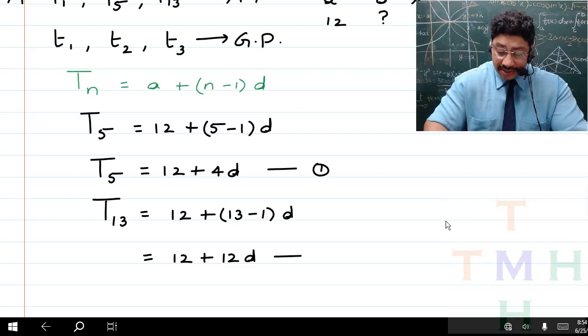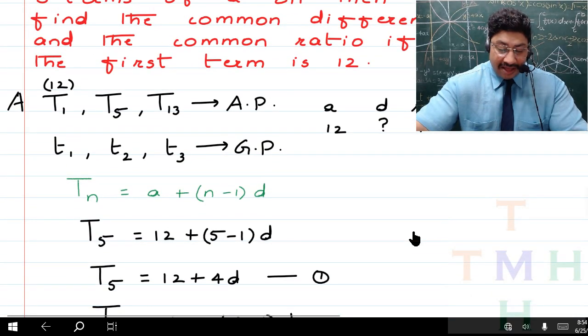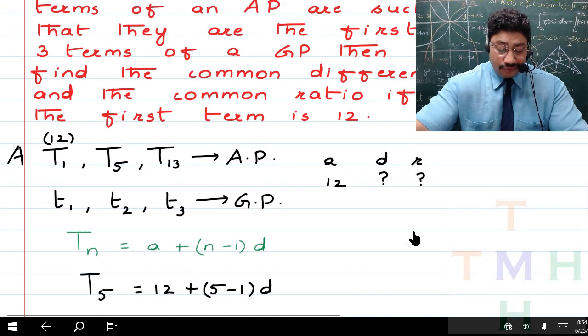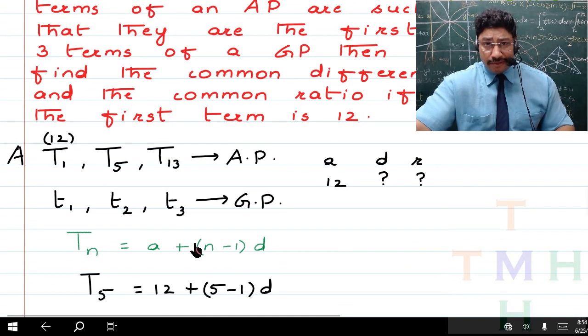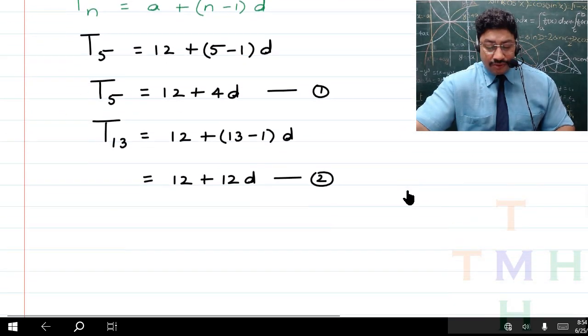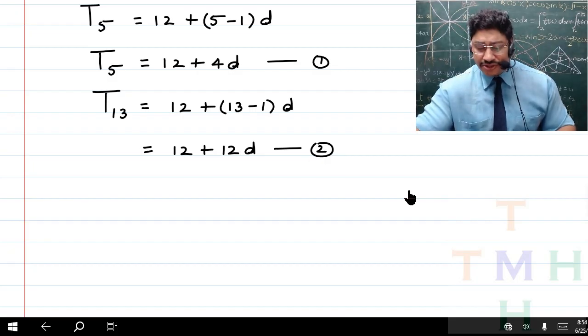And this can be written as the second equation. So now we have 2 equations, and as we know that these terms are also the first, second and third terms of a GP, if you take the ratio of the consecutive terms of a GP, you should get the common ratio, right?